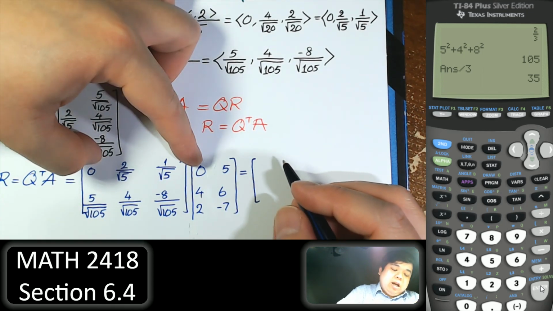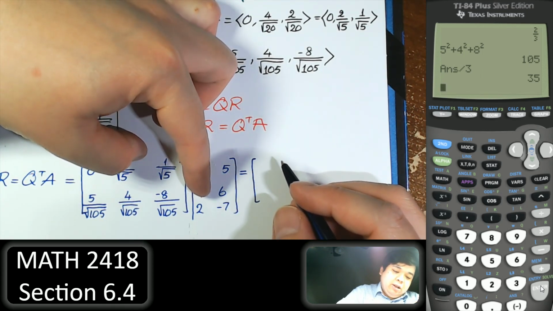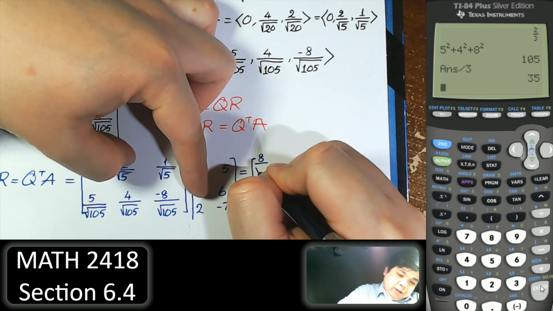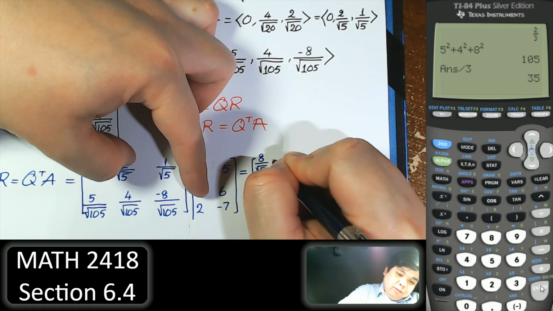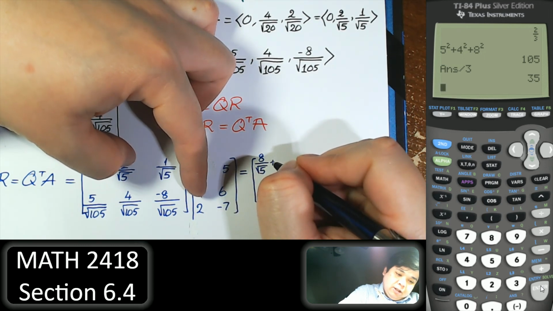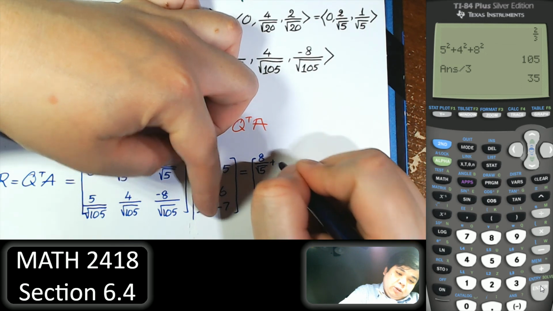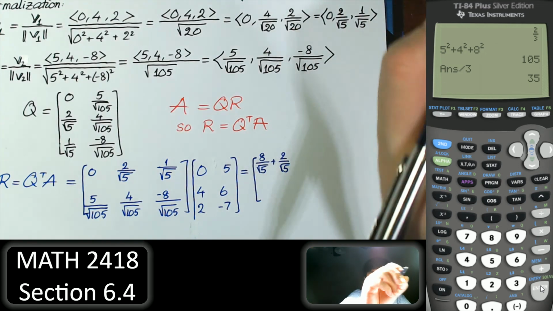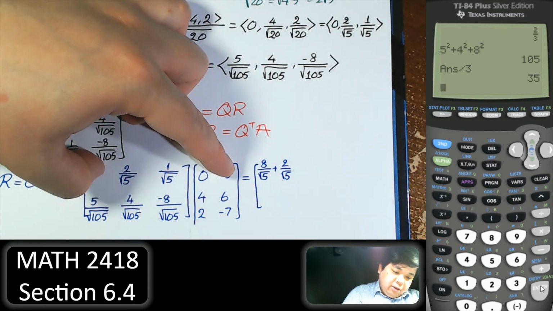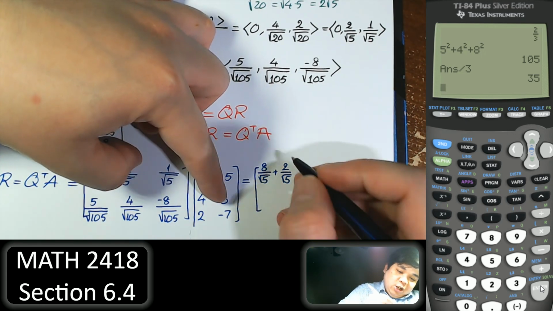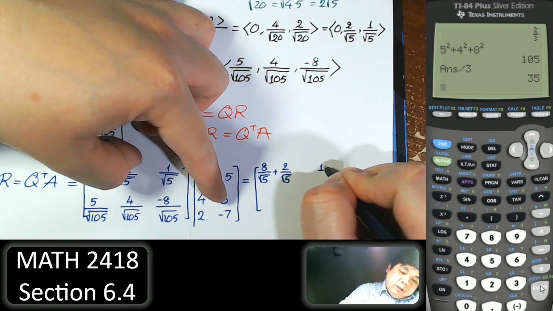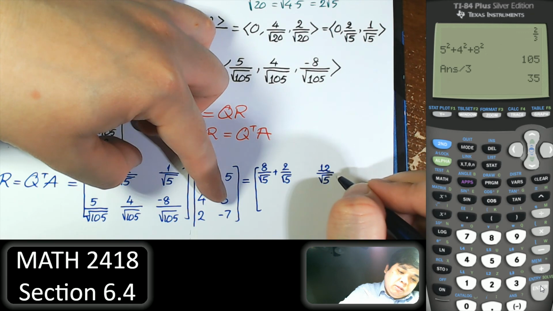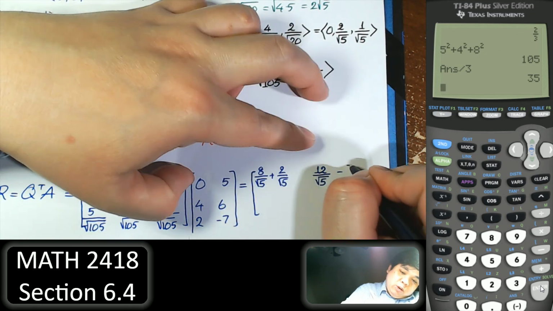Right. 0 times 0, plus 4 over square root of 5, plus 2 over square root of 5. That's 10 over square root of 5. And then 0, 12 over square root of 5, minus 7 over square root of 5.